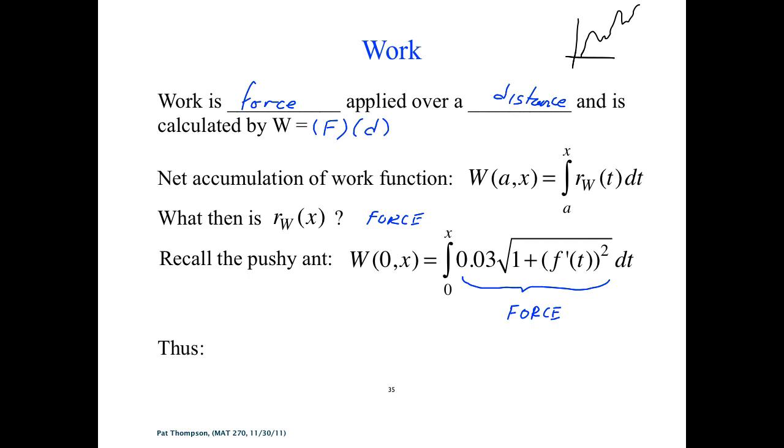Okay, so another way we could write the accumulation of work function is the integral from a to x of the force with respect to x, so f of t dt. Questions about that? Does it make sense?